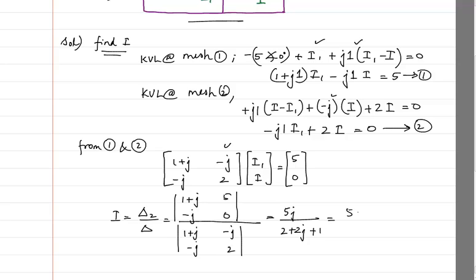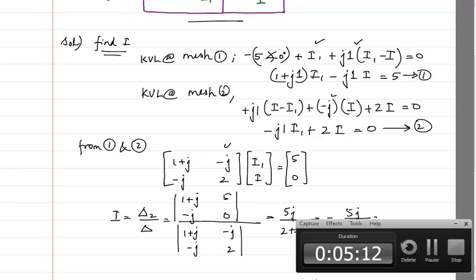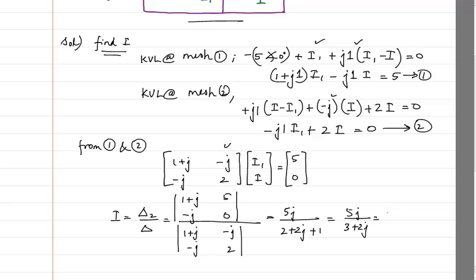So this becomes 5j divided by 3 plus 2j. The answer of which comes out to be 1.39 with an angle of 56.31. So this is going to be my current I.